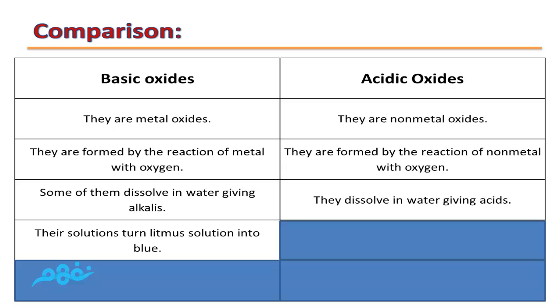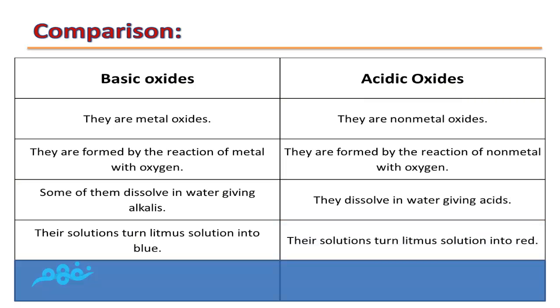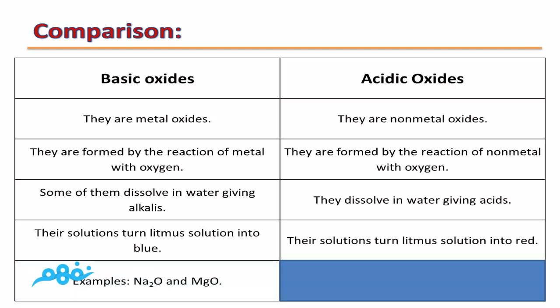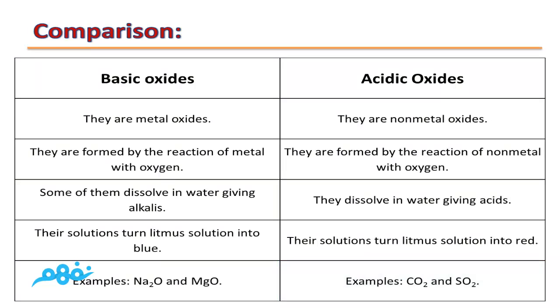The solutions of basic oxides turn litmus solution blue, while the solutions of acidic oxides turn litmus solution red. Examples for basic oxides are sodium oxide and magnesium oxide. For acidic oxides, we have carbon dioxide and sulfur dioxide.